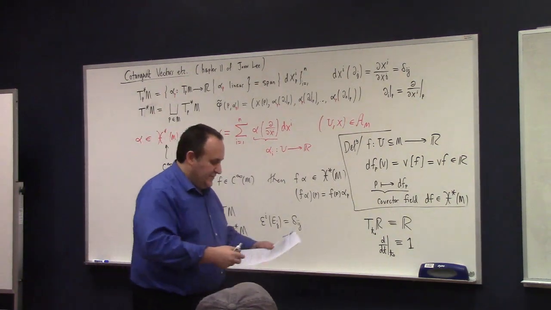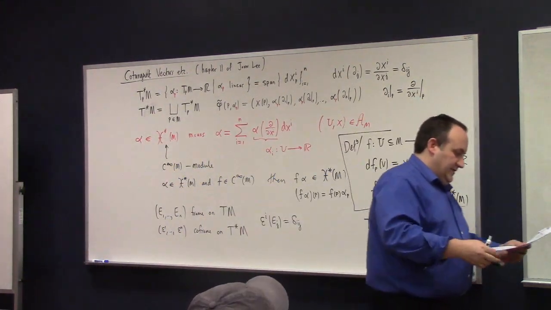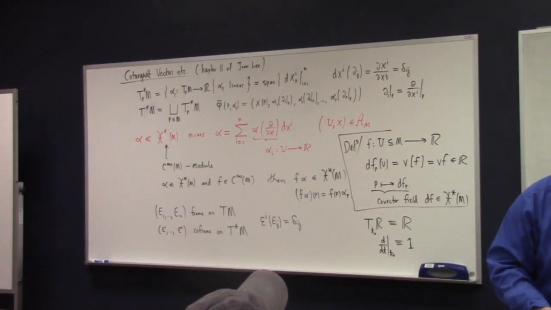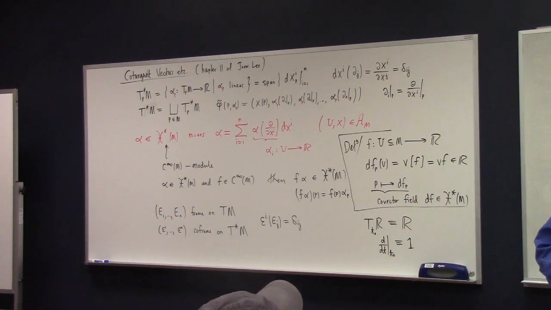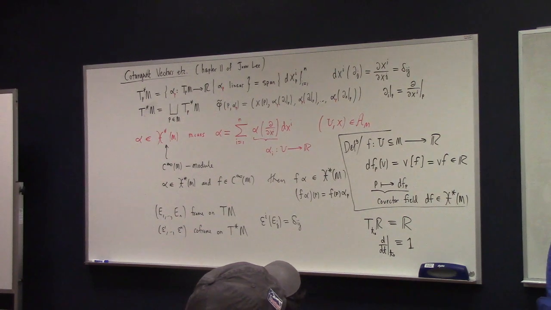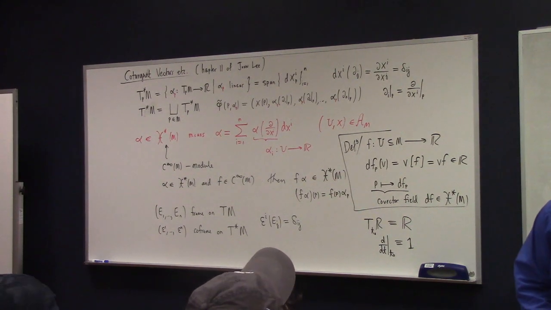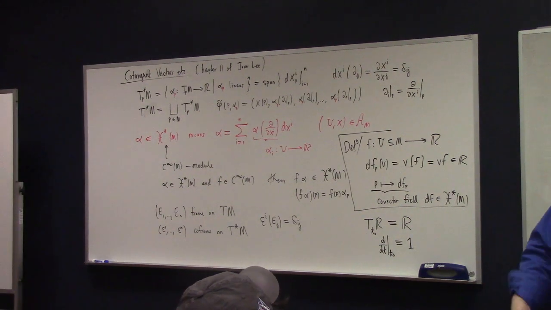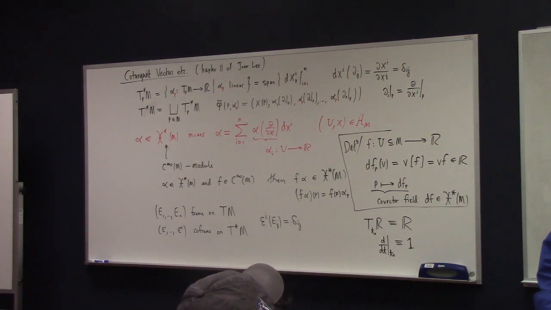There's an identification being made, but the good news is it's not just John Lee doing it, it's everybody doing it. Most people don't say it's an identification. But he's pretty careful to point out when we're making an identification, which is to say we're using an isomorphism between two different objects.